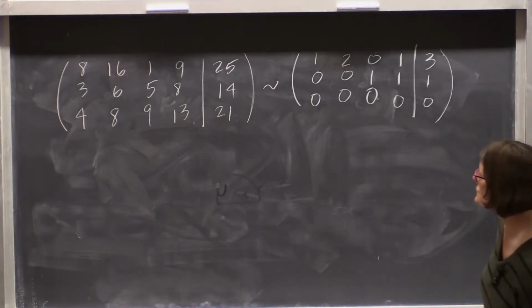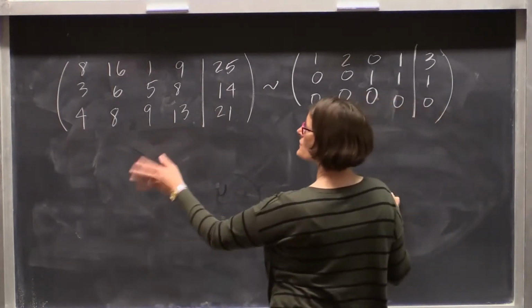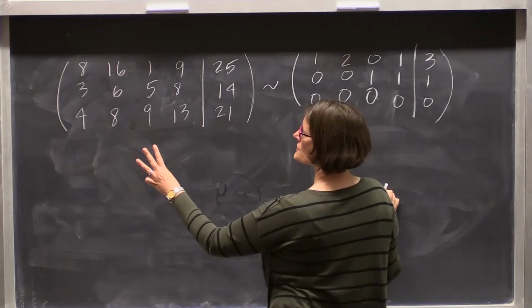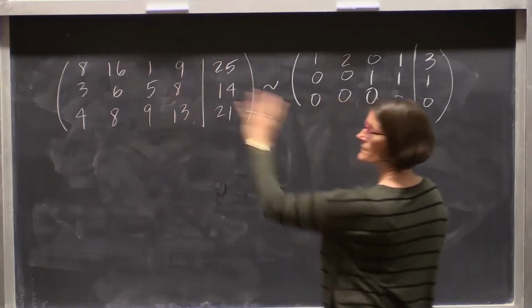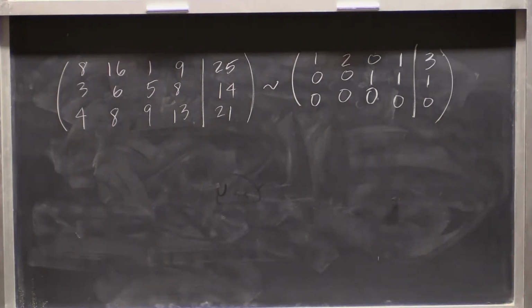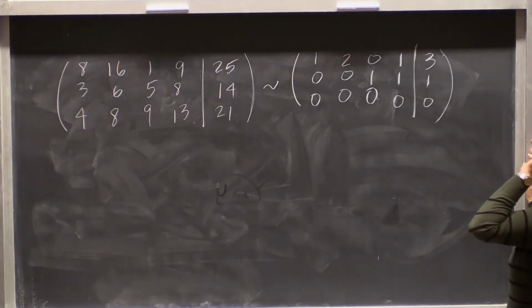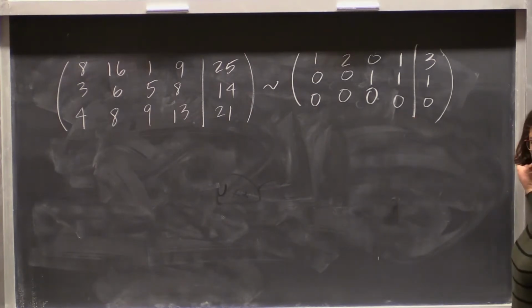We started with a linear system that had 3 equations, 4 unknowns, and this is its augmented matrix. We ended up with this.